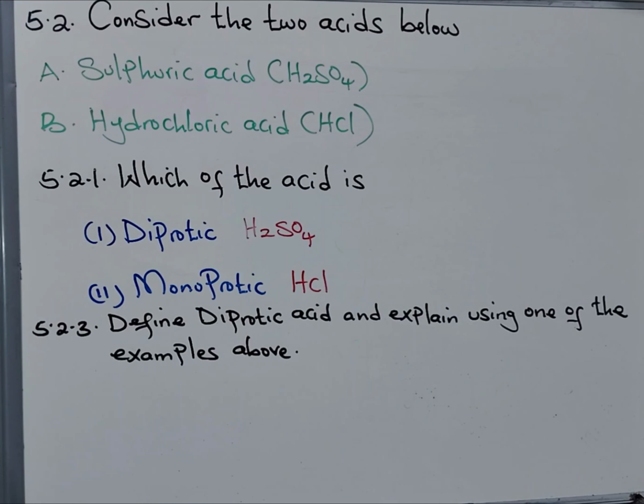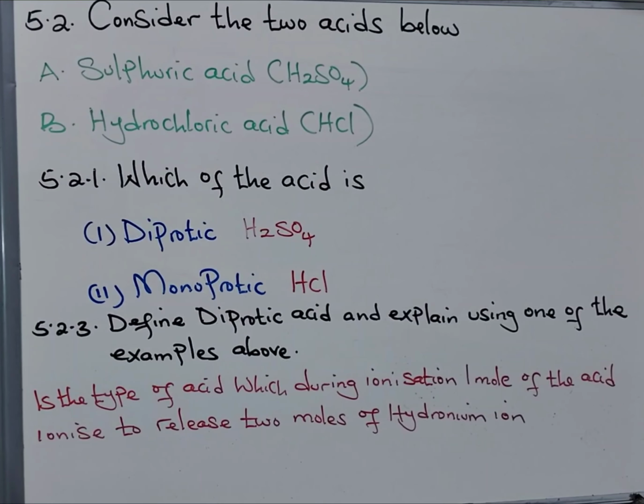A diprotic acid is the type of acid which, during ionization, 1 mole of the acid ionizes to release 2 moles of hydronium ion or 2 moles of hydrogen ions. The example is sulfuric acid. If you look at sulfuric acid, you have the acid.